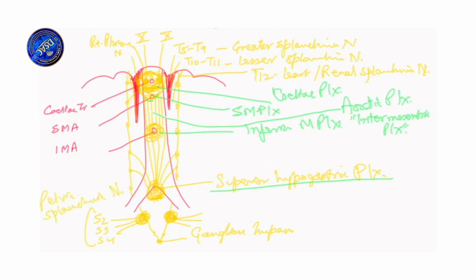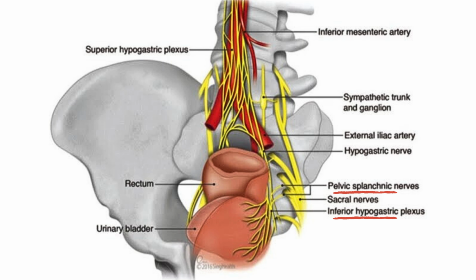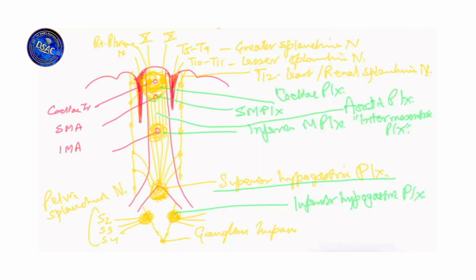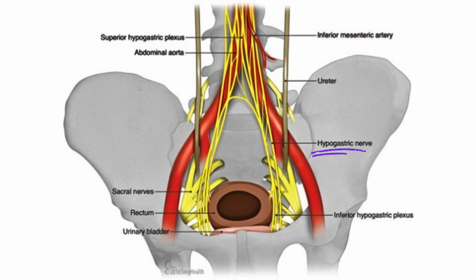This is actually a parasympathetic contribution to this plexus, called the inferior hypogastric plexus. The sympathetic contribution to this plexus is in continuation from the superior hypogastric plexus, and the branch which communicates between the superior and inferior hypogastric plexus is called the hypogastric nerve.